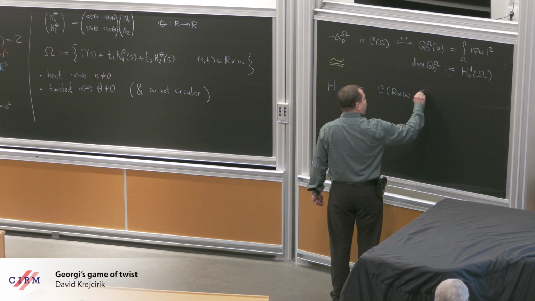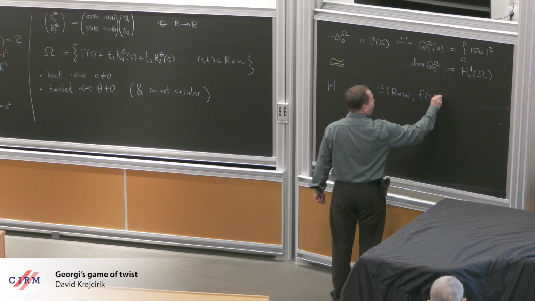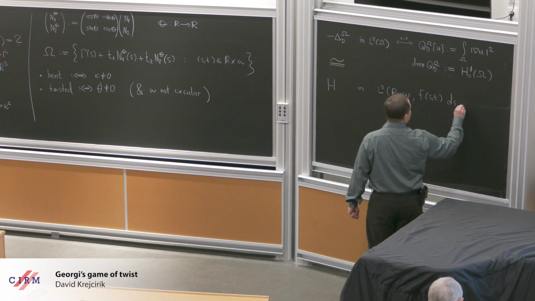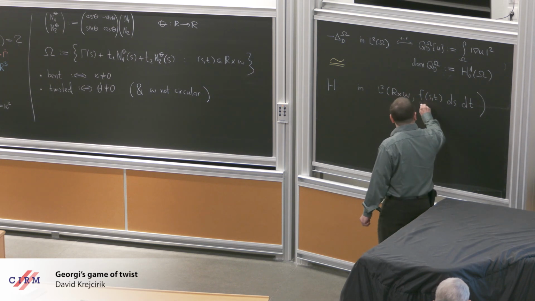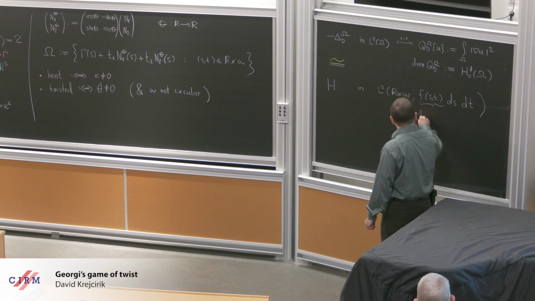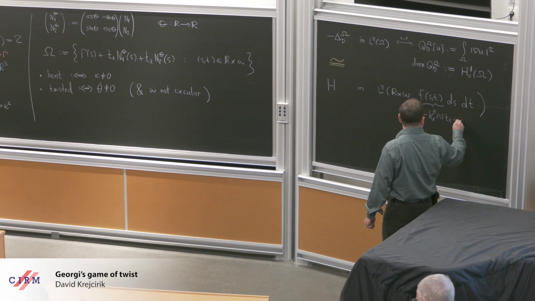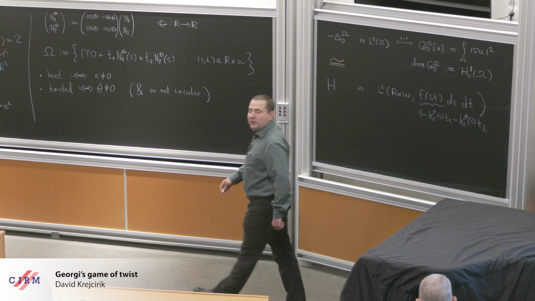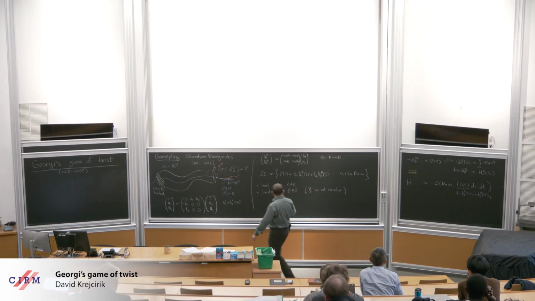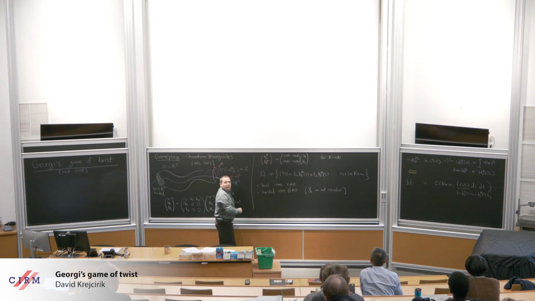You will get some Jacobian f ds dt, which you can compute explicitly: this is (1 - κ1(θ(s)) t1 - κ2(θ(s)) t2). κ1θ, κ2θ are defined analogously to the rotations of n's.